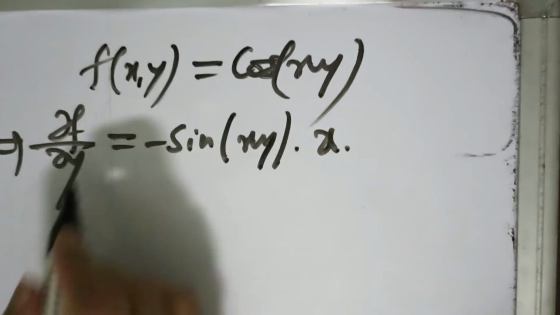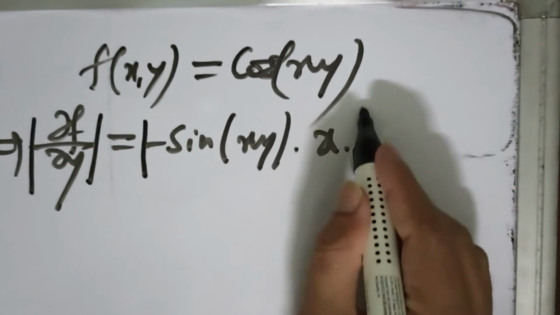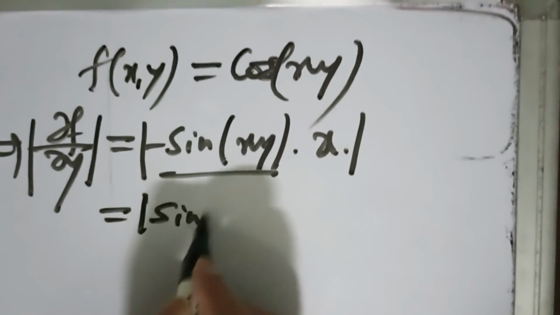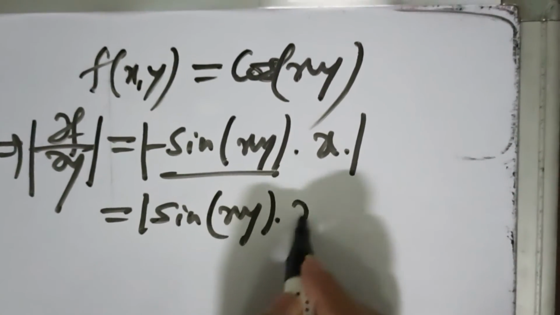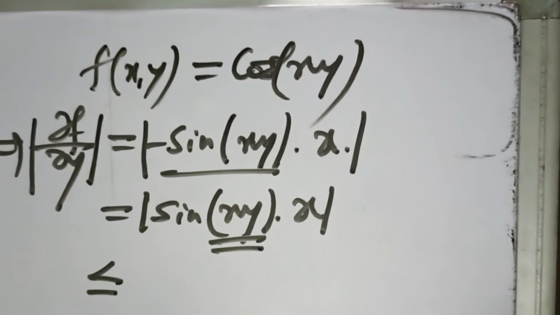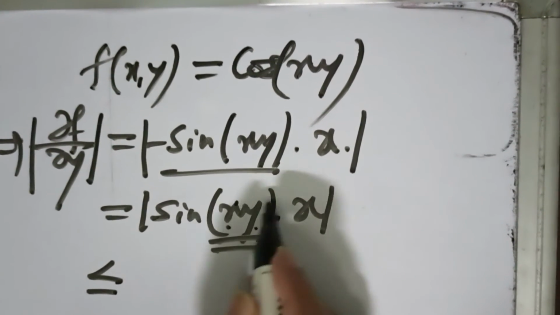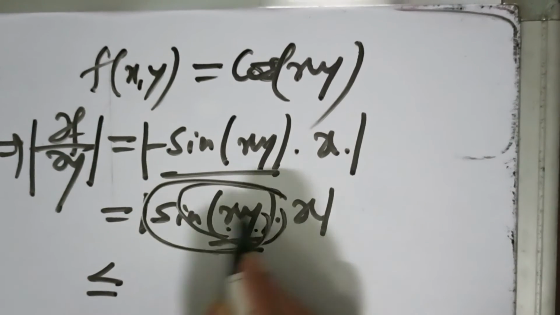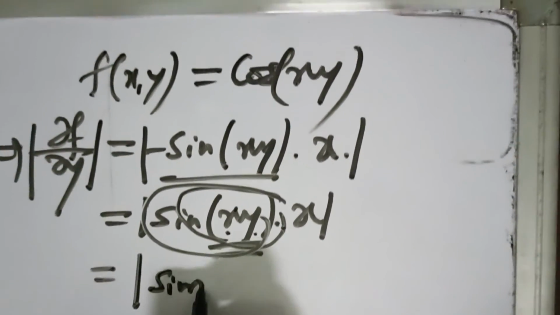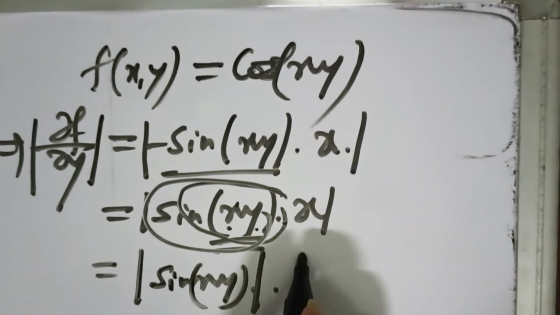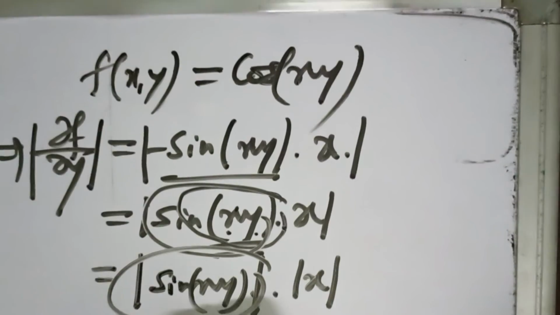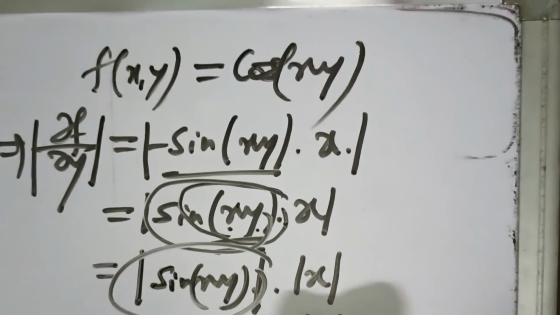Now if you take the modulus, it will give you mod sin xy into mod x, right? Mod sin is always less than or equal to 1 for any real numbers x and y. So we can write this as less than or equal to 1 into mod x. So it will be less than or equal to mod x.